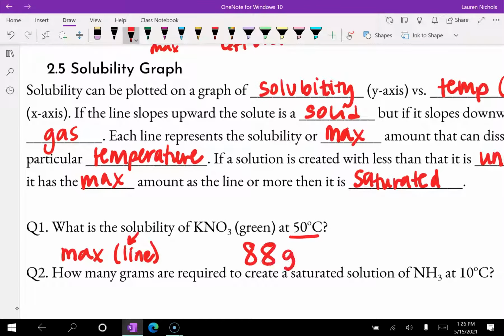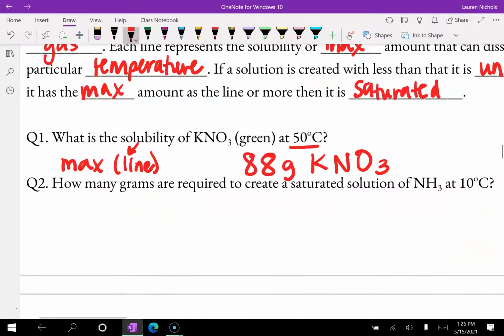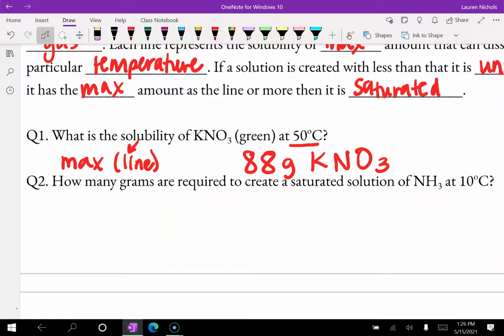If you were to say anywhere from 85 to 89, that would be considered correct. So there's not really a way for me to say no, 87 is incorrect. This is kind of an estimate with this graph, but 88 grams of KNO3 would be the solubility at that temperature. And it changes if you change the temperature.